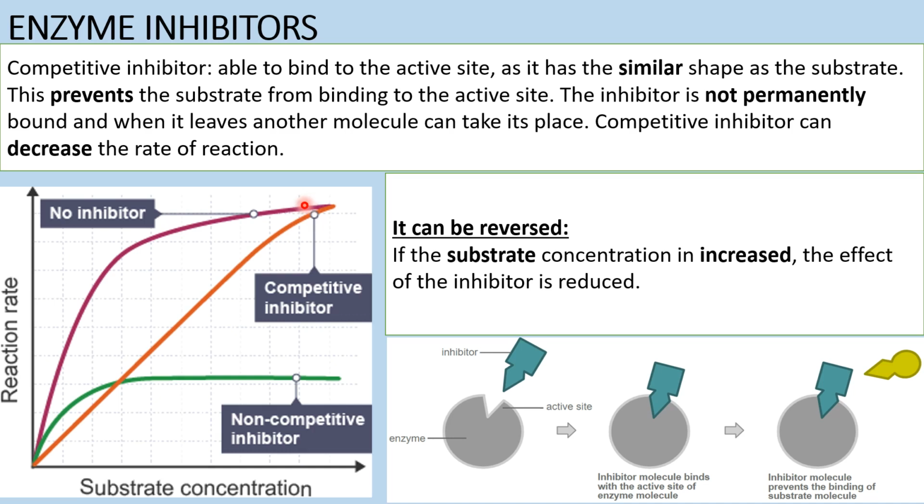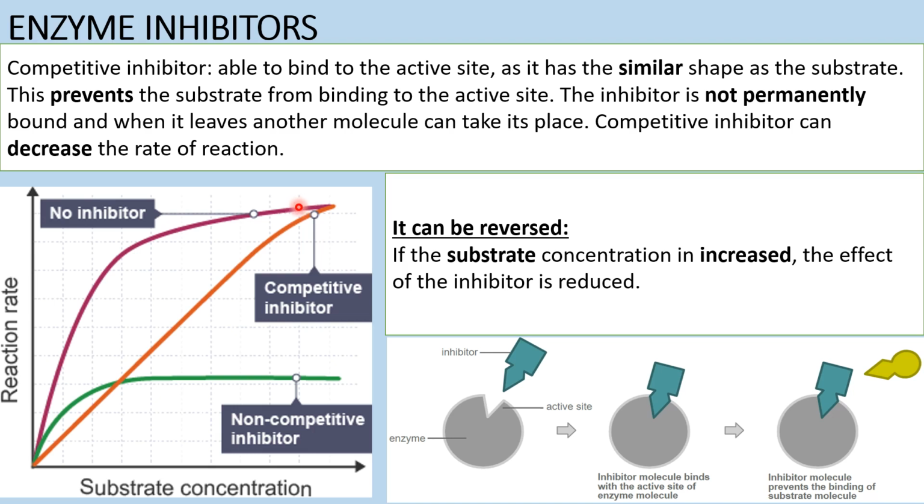When the graph flattens out, when it plateaus, it does not increase further. What is that telling us? Yes, this is the maximum rate of reaction. That's fine. What does that mean? That means all the enzymes are fully saturated. There are no more free enzymes. That's the maximum rate of reaction.